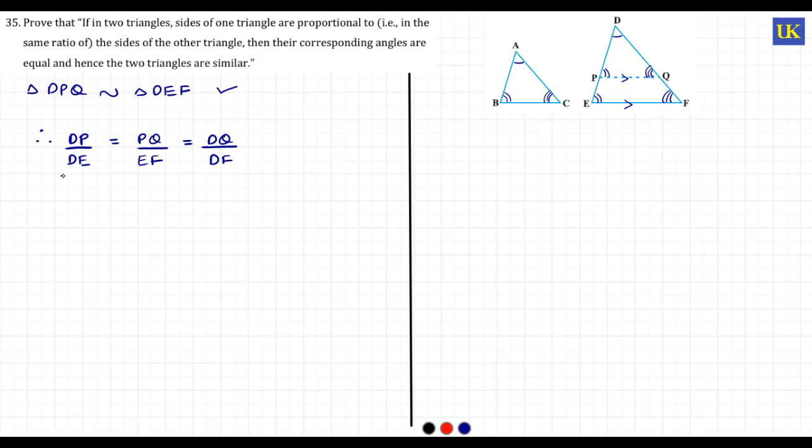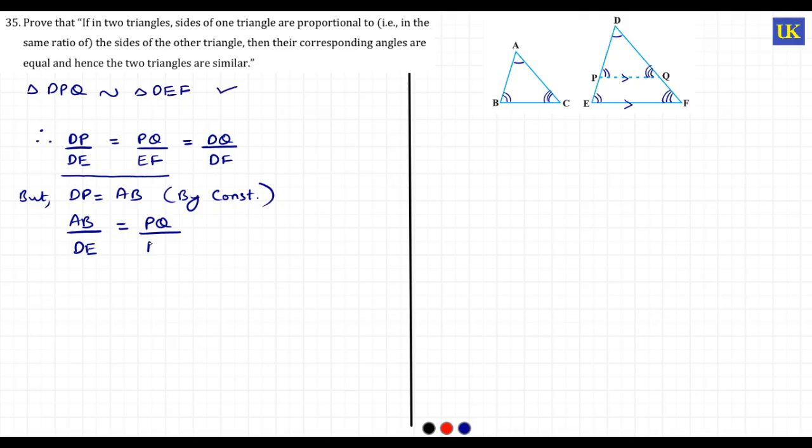Now what we'll do is we will take these two things. Now we know that DP is equal to AB, and this is because of construction. So by construction, instead of DP I can write AB upon DE is equal to PQ upon EF, and this is by construction.